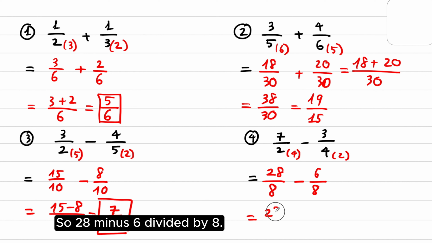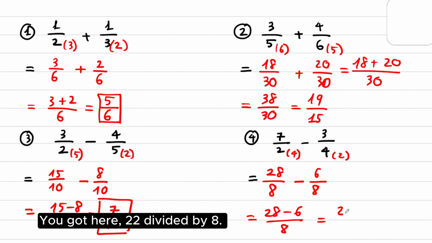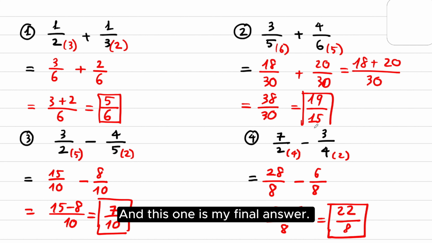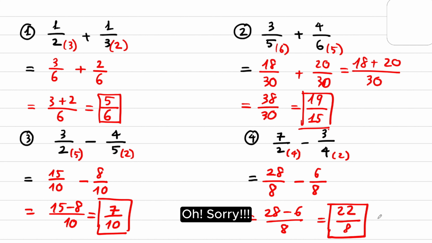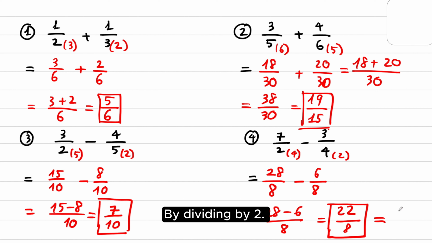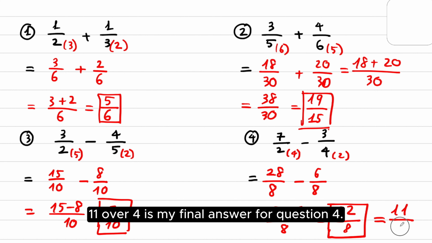So 28 minus 6 divided by 8, you got here 22 divided by 8. Okay, this is my final answer. Oh, sorry, 22/8 you can simplify by dividing by 2, 11/4. 11/4 is my final answer for question 4.